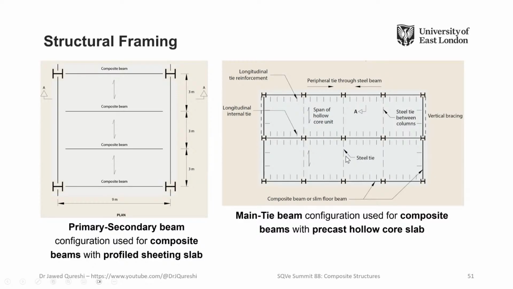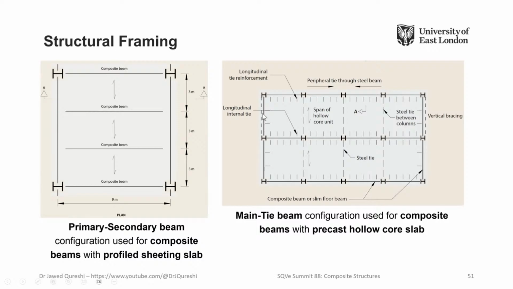But the ones that you see over here, the dotted ones, are tie beams. You don't need any shear studs there. They are not taking any load. They just take the self-weight of the structure, or you can probably add 10% of the load for the entire grid. But they are not taking any load, so they don't have to be composite.